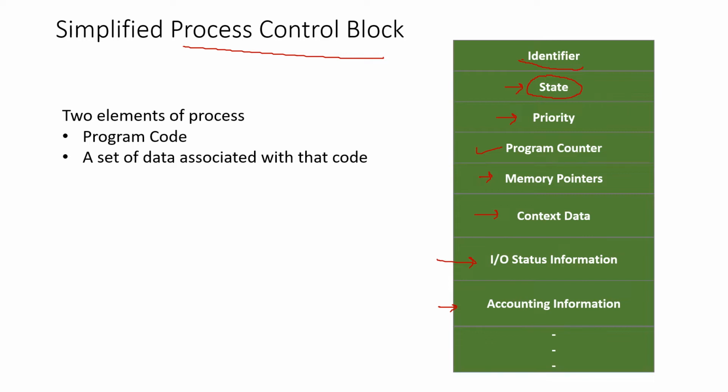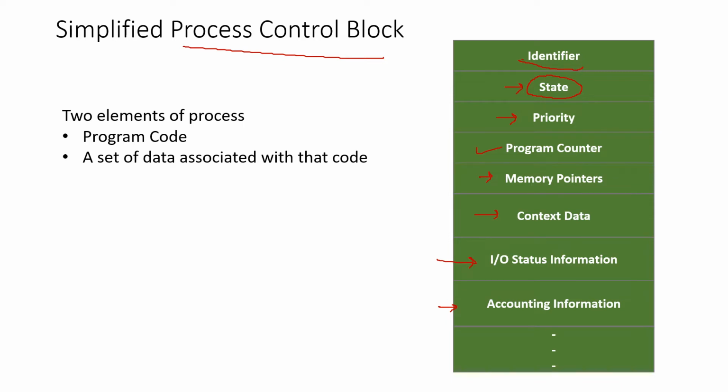The process control block contains sufficient information so that it is possible to interrupt a running process and later resume execution as if the interruption had not occurred. The process control block is the key tool that enables the operating system to support multiprocessing.